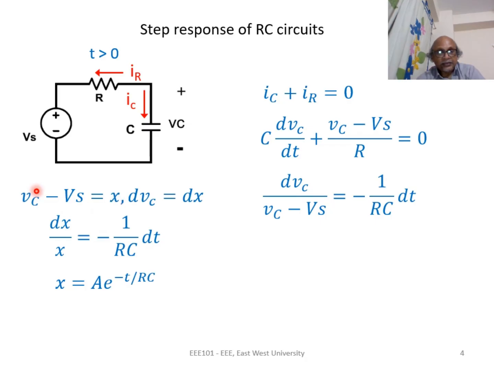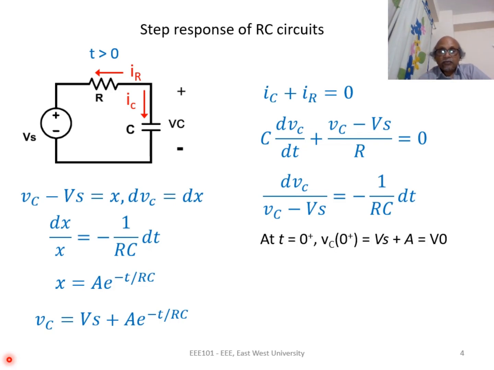Now x is Vc minus Vs. So Vc is x plus Vs. Using that, we write the capacitance voltage is Vs plus A e to the power minus t by RC. To find the integration constant A, we look at the circuit at t equal to 0 plus.